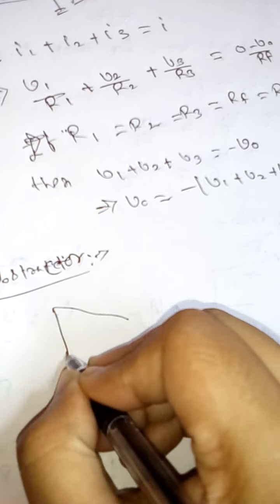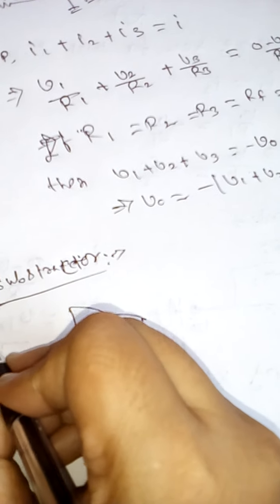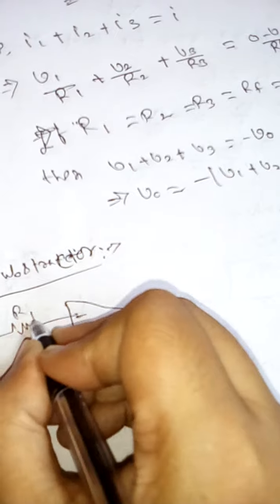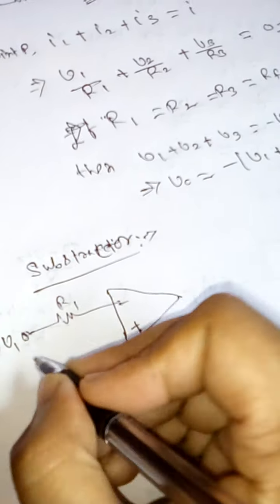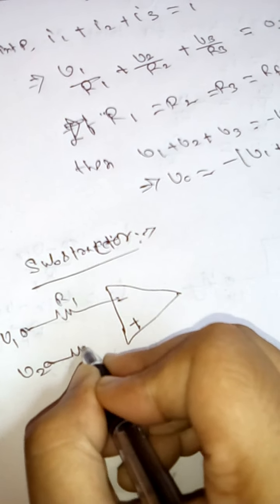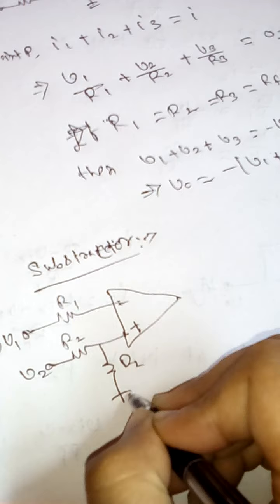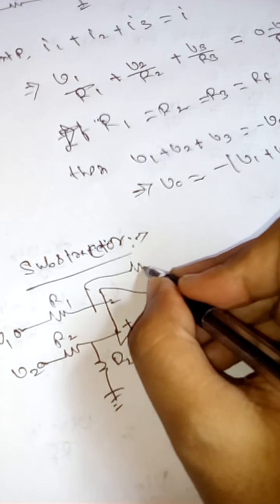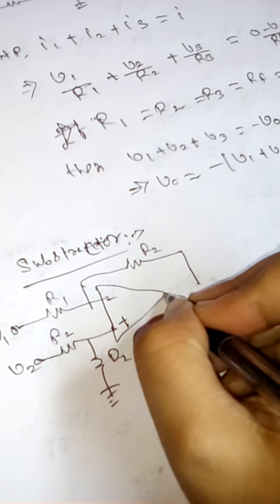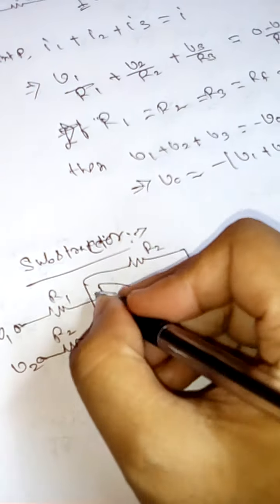Here we applied the negative input, and here the non-inverting terminal, with resistance R1. Suppose this is V1, here V2, and from the output we take the V0 voltage.